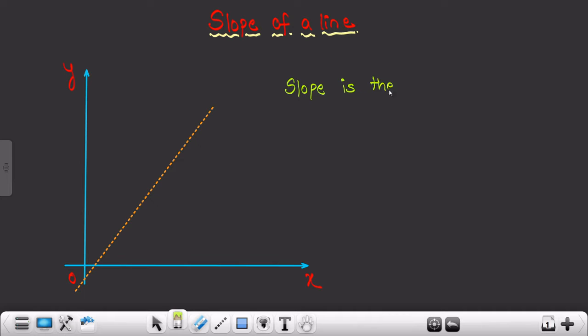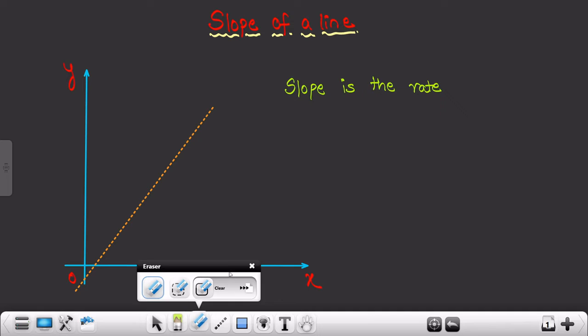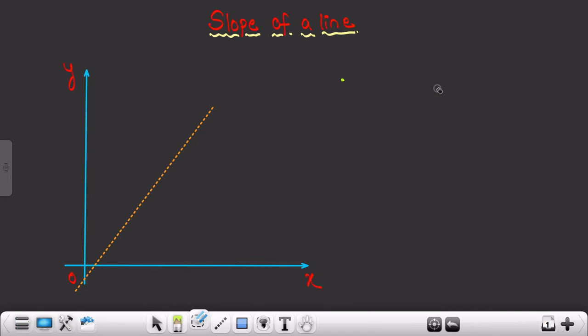So basically, slope of a line, or slope, is the rate of change of y with respect to x. Let me frame this sentence in this way so that it would be easy for you all to understand.